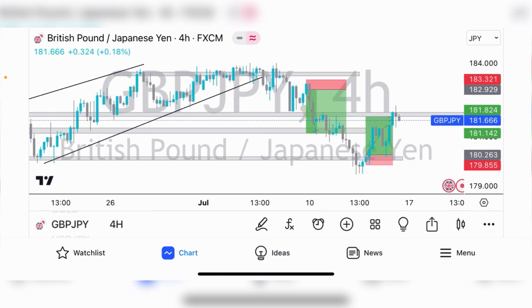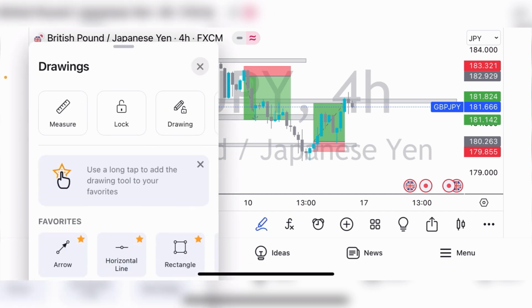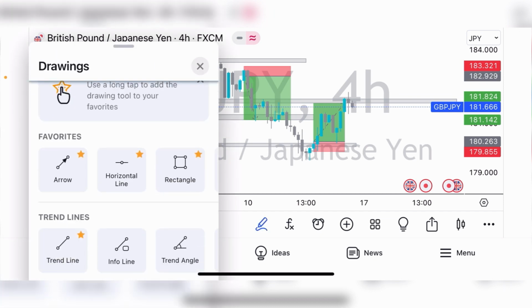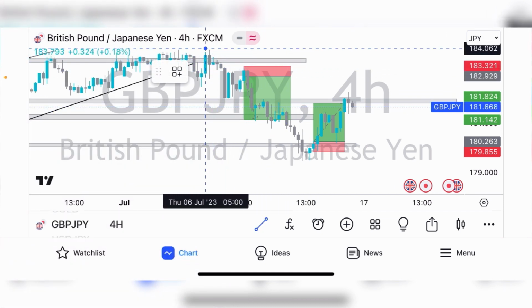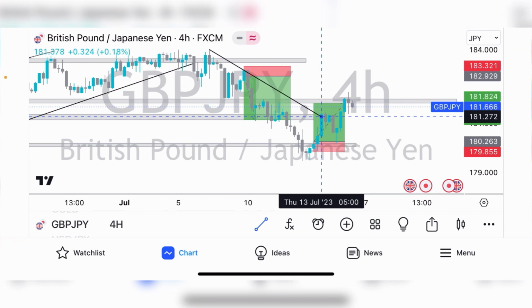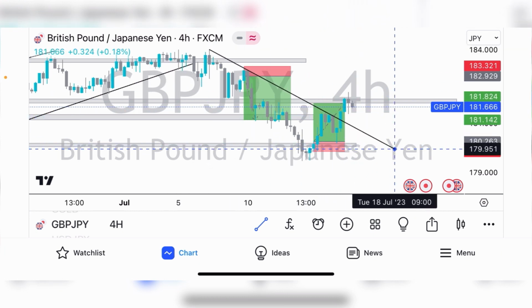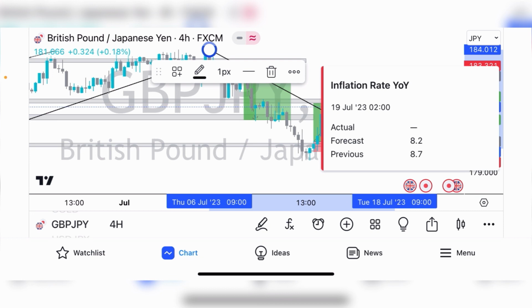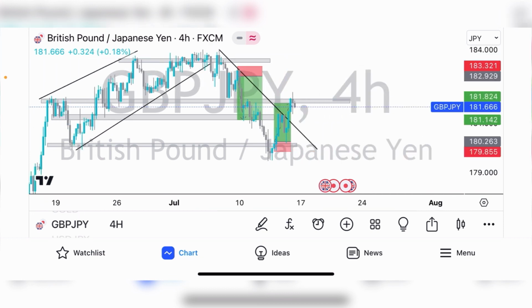That's how I planned this whole trade. So for next week, I see a selling opportunity, tons of selling opportunities coming in on GBPJPY this upcoming week.